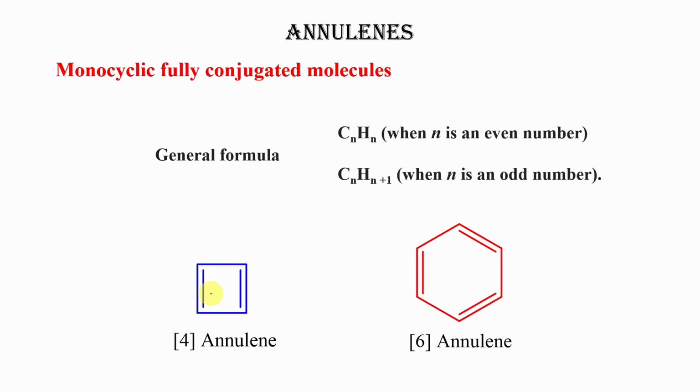So generally annulenes are monocyclic fully conjugated molecules with the general molecular formula either CnHn or CnHn+1, where n is an even number in the case of CnHn and n is an odd number in the case of annulene with the general molecular formula CnHn+1.